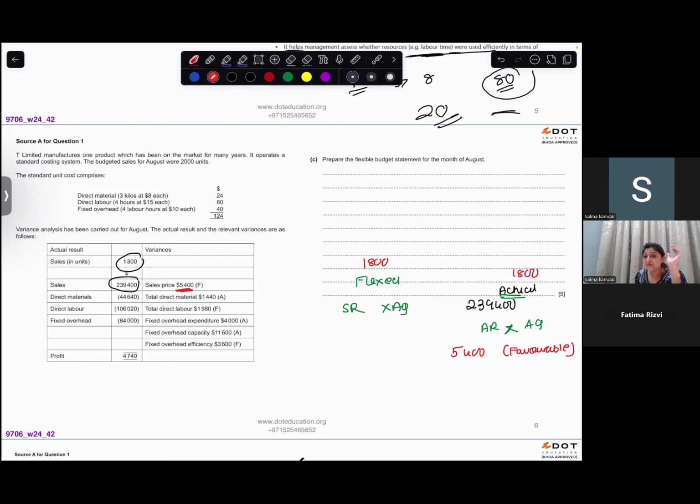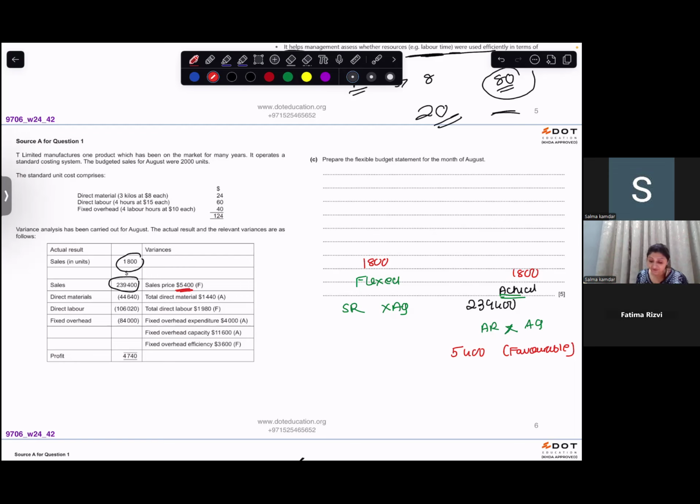When they say this is favorable, that means what I expected, I sold more. So my expectation was 5,400 less, but I sold more.